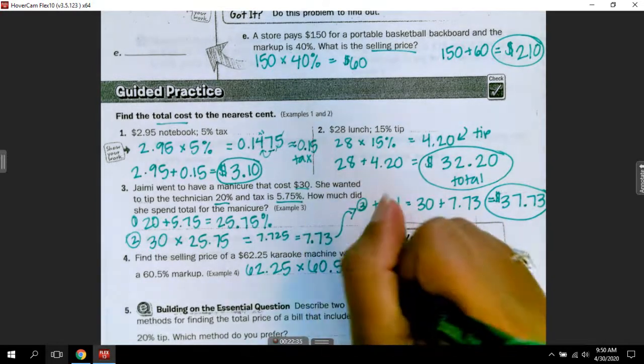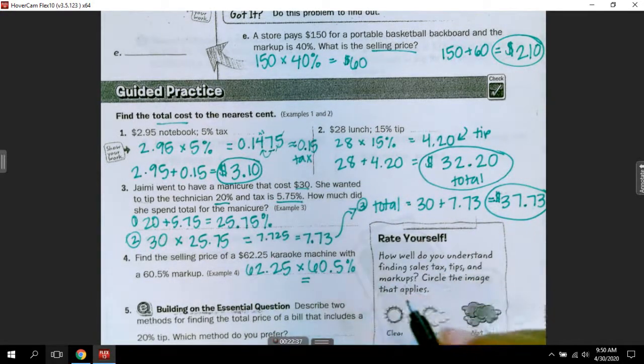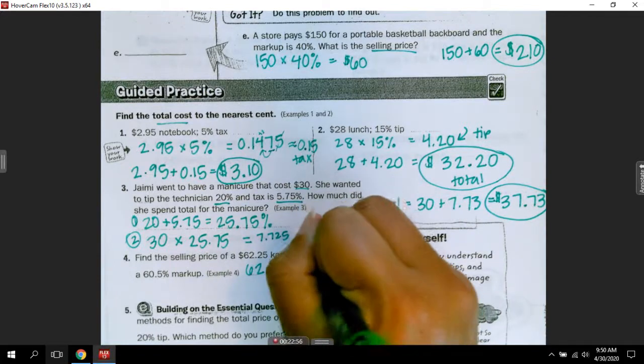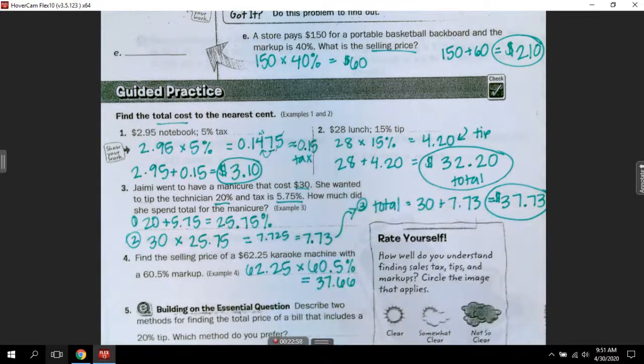Okay. So once you do that, let's see, what do we get? 60.5%. 37.66125, so just 37.66. Okay.